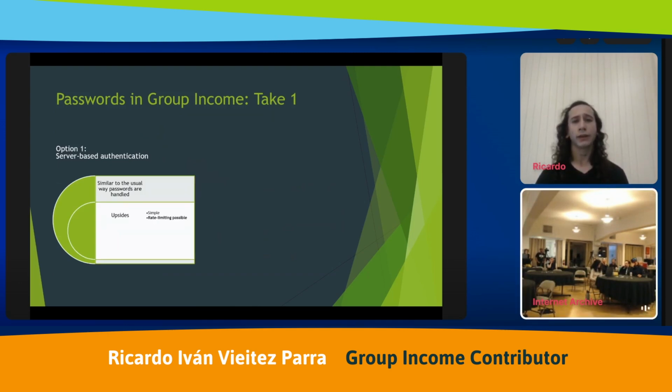I have this item in the presentation. The text is quite small. I don't know if you can see it, but it says rate limiting, which means that the server in this case is able to detect whether there are too many attempts for some particular user, so it can take actions to prevent that from happening.